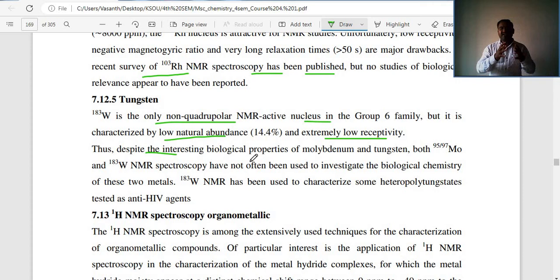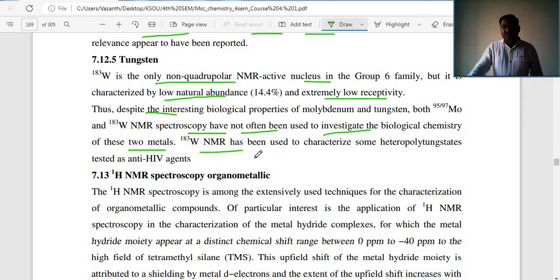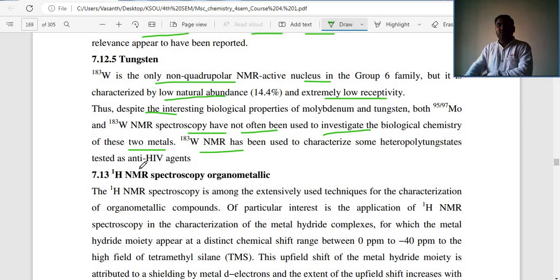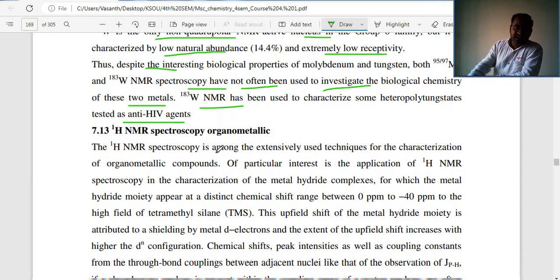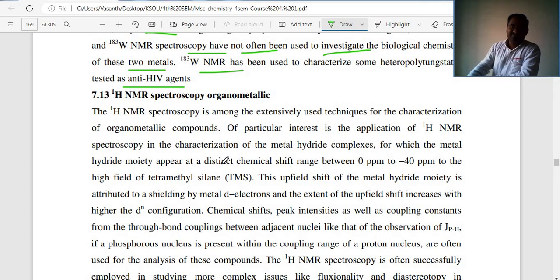Despite the interesting biological properties of molybdenum and tungsten, NMR spectroscopy has not often been used to investigate the biological chemistry of these two metals. Tungsten NMR has been used to characterize some heteropoly tungstates tested as anti-HIV agents.